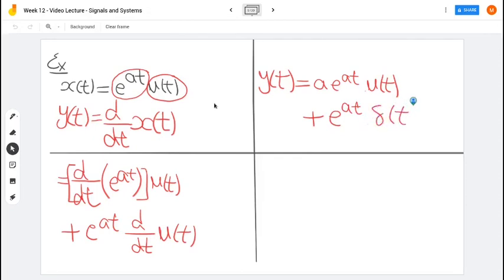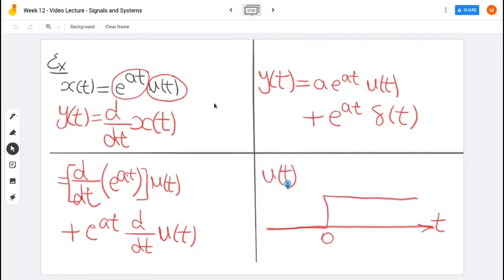As you can see over here, if we have a unit step u of t, the derivative of this function will be like this. So in this part we have 0 value for all time less than 0, so the derivative here is 0. And for this part, we have a constant which also has the derivative of 0.